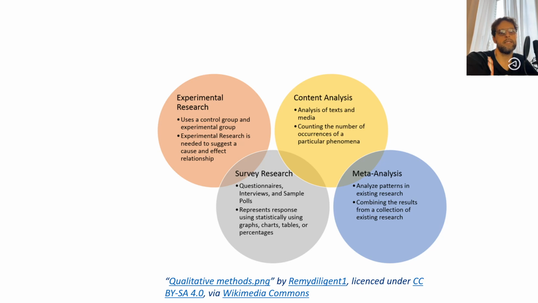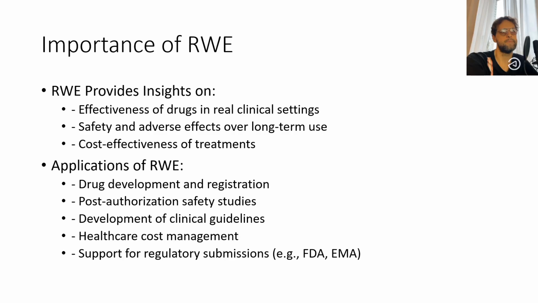We're able to analyze patterns in existing research, and combining these results together will result in general knowledge which could be quite beneficial for us, because we can rely on this data because it's based on multiple research studies.